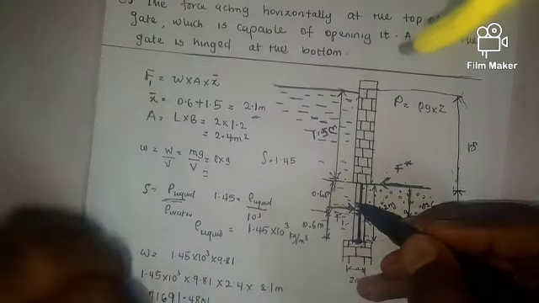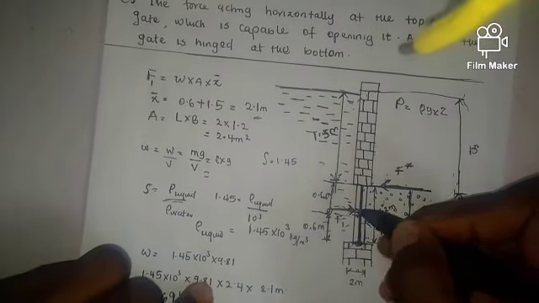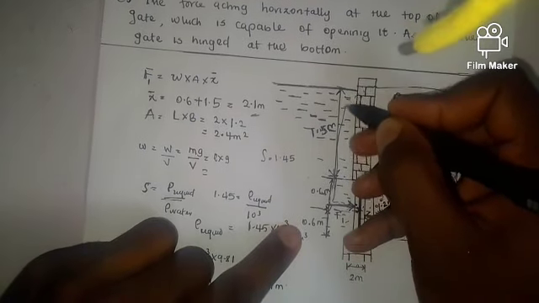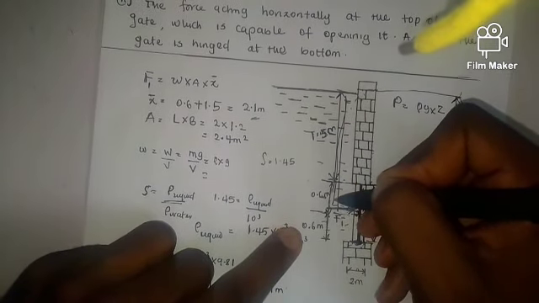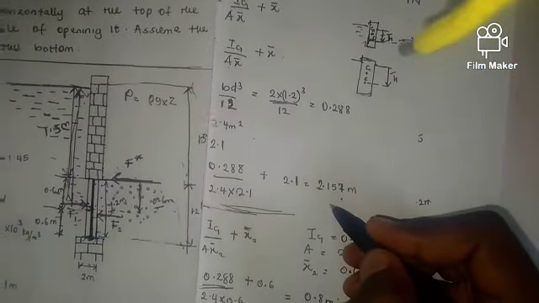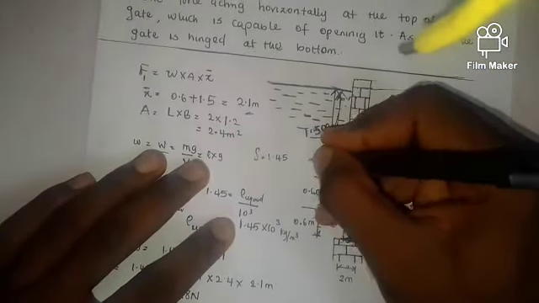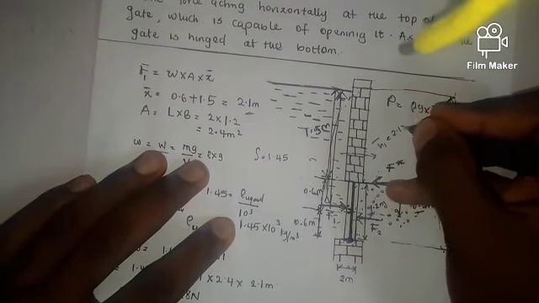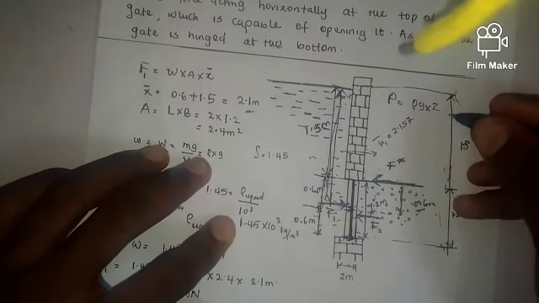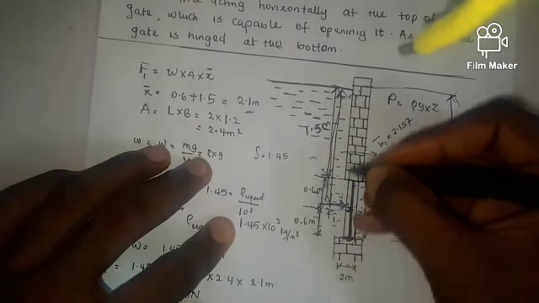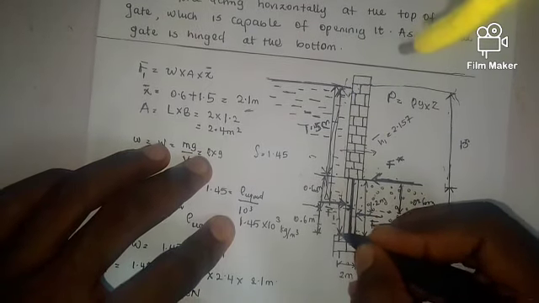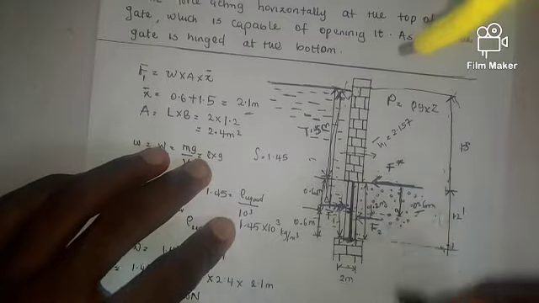Now, I calculated my center of pressure, the point at which this force is acting, from the surface of this liquid as 2.157. So this is my H1 bar, 2.157. So this distance minus the distance to the surface of the liquid should give me the remaining distance to my hinged part. Then I can take my moment.